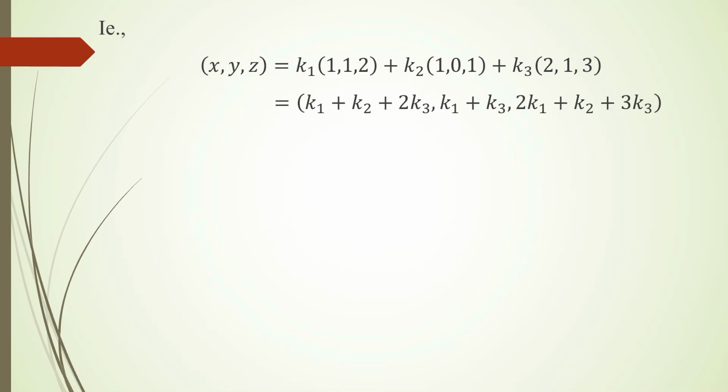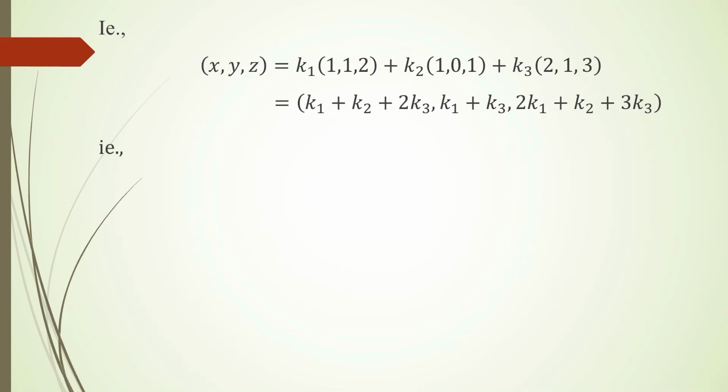So adding them, in the first position we will have k1 plus k2 plus 2k3, and in the second position we will have k1 plus 0 k2 plus k3, that is k1 plus k3. In the third position we will have 2k1 plus k2 plus 3k3.